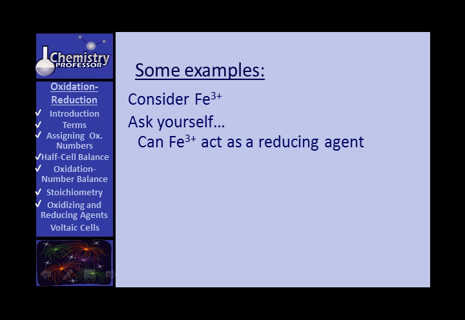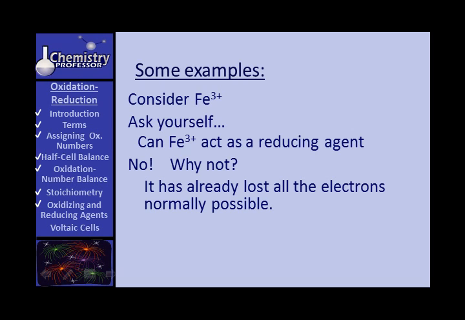Can the ferric ion lose some more electrons? The answer is no. Why not? Well, it's already lost all the electrons normally possible, and we're not going to those extreme states. We're only dealing with what is normally possible.